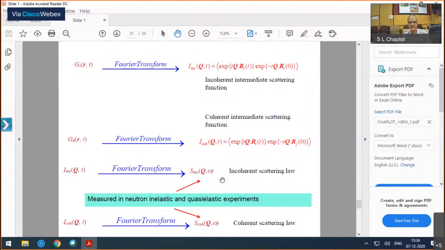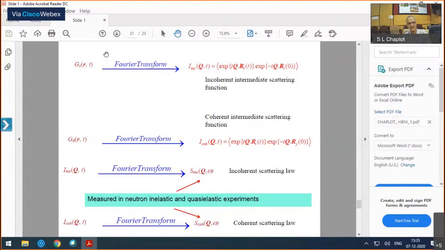And similarly, if we take a Fourier transform of the distinct space-time correlation function, which gives the coherent intermediate scattering function, then the Fourier transform of that quantity gives the coherent scattering law. So as I said, both of these functions have relevance in both neutron inelastic as well as quasi-elastic scattering.